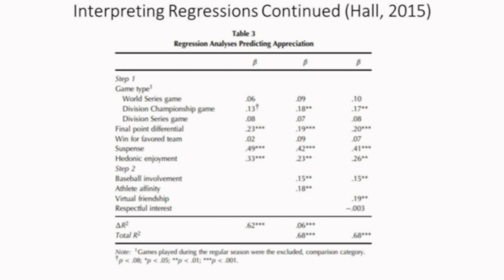We see a 0.06 and then a 0.68 underneath it. 6% more explanatory power was added when we included baseball involvement and athlete affinity. And then there appears to be no change in the third column.